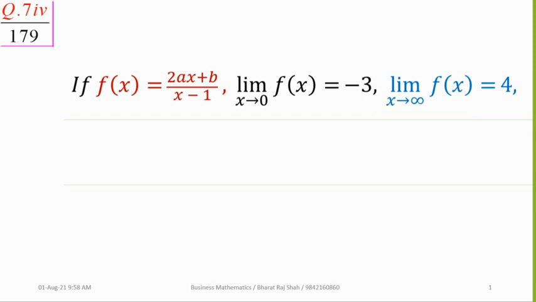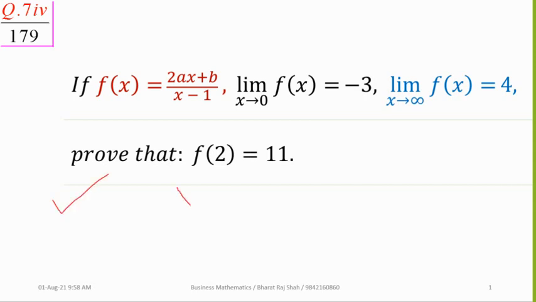And what is the main problem? What are we asked in the question? We are asked to prove that the functional value at 2, f(2), is equal to 11. That simply means that if we substitute x equal to 2, then we have to prove that the answer must come 11.